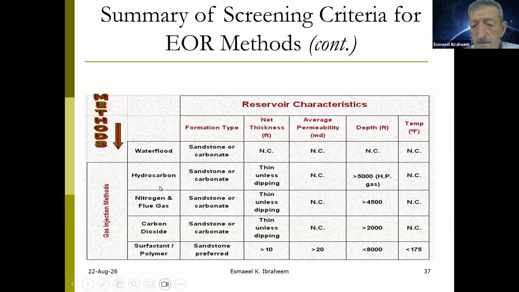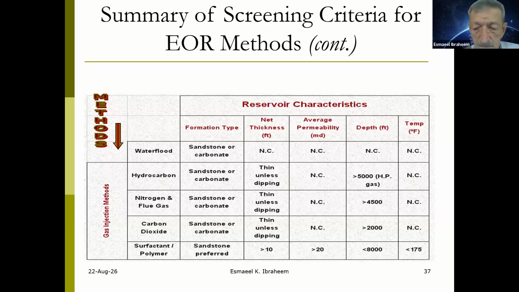The formation net thickness is thin, with less dipping. Average permeability is not mentioned or not required. The depth is more than 5,000 feet, high pressure gas, and the temperature of the formation is not a problem.